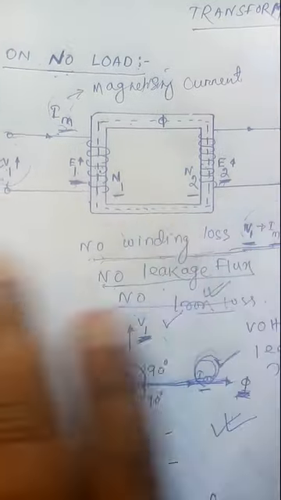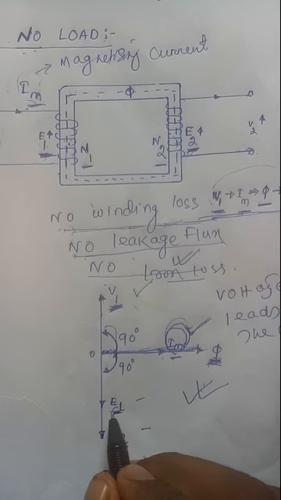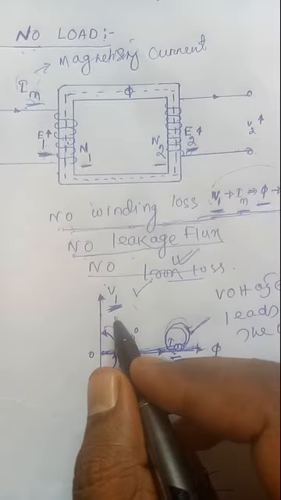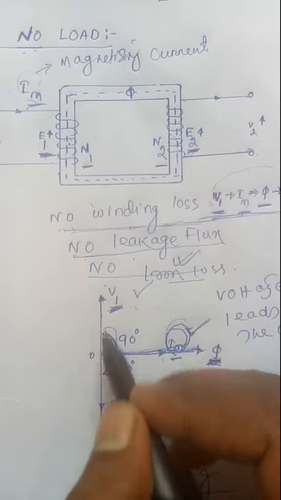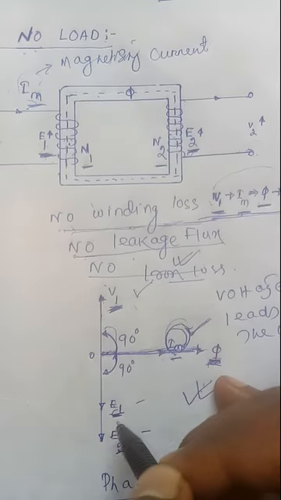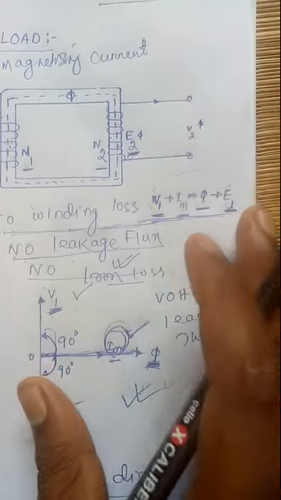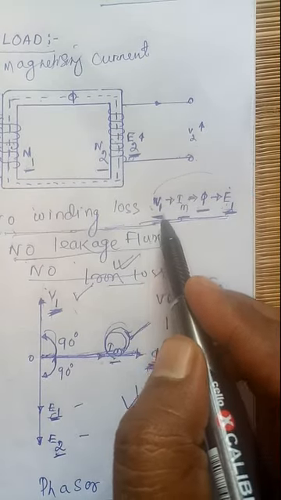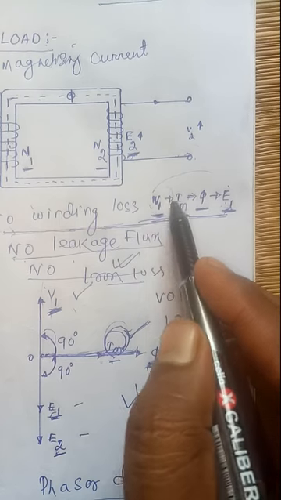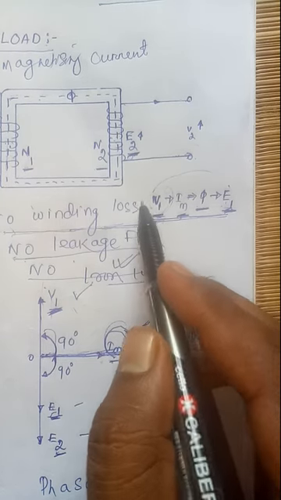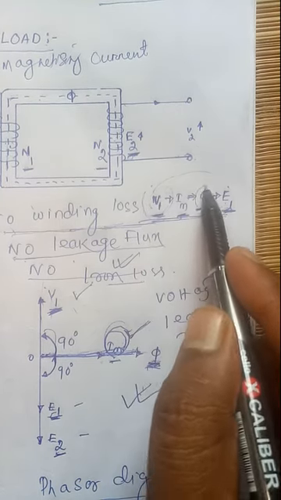Now the primary induced EMF E1, at every instant, is equal and opposite to V1. That means there is an opposition between E1 and V1, because this Im actually flows in the primary winding when it is connected to the supply. This produces a flux phi.